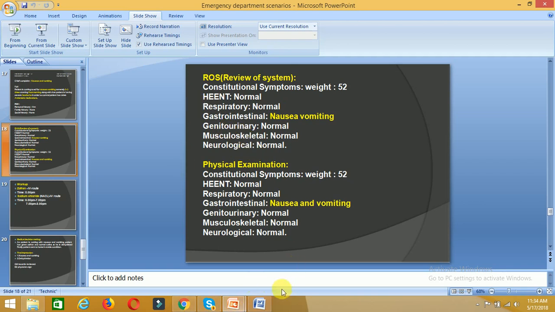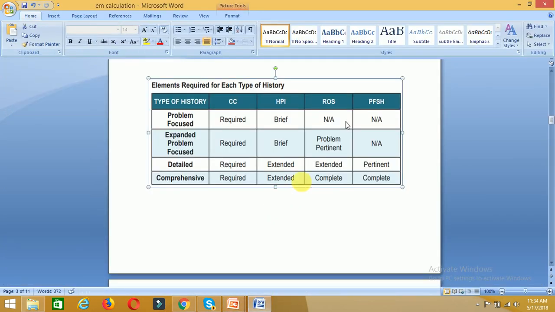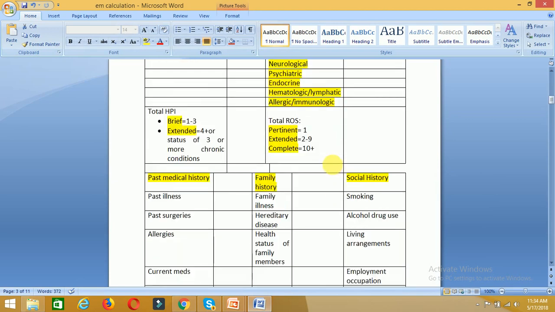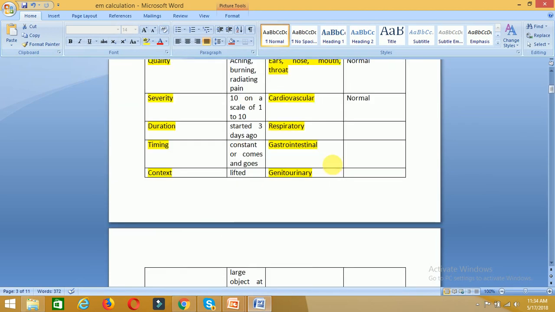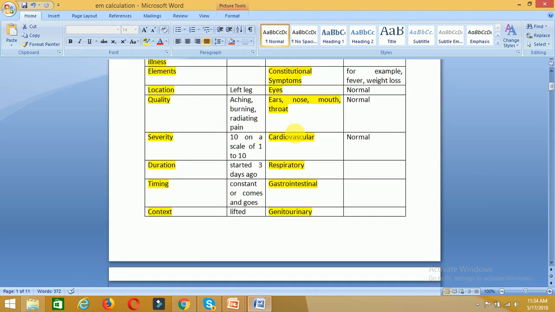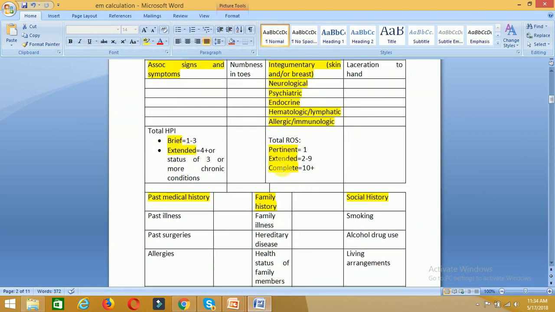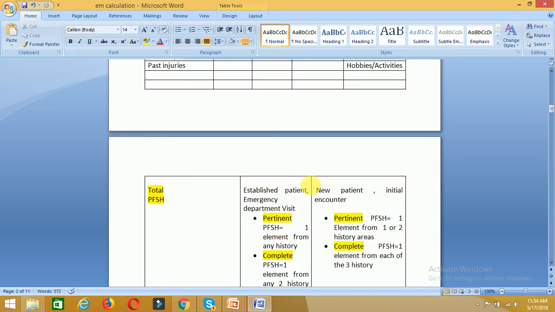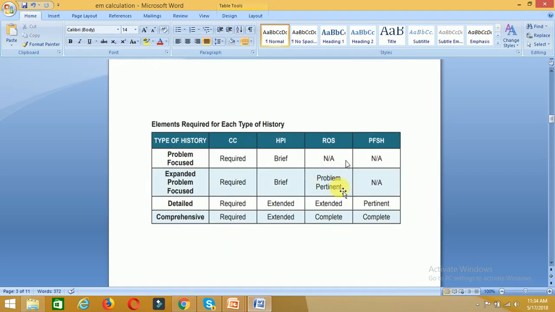So according to the E/M table, what will be my type of ROS? With 7 systems, we can calculate extended, 2 to 9. It falls under extended. We have 3 types, so my type of ROS is extended.